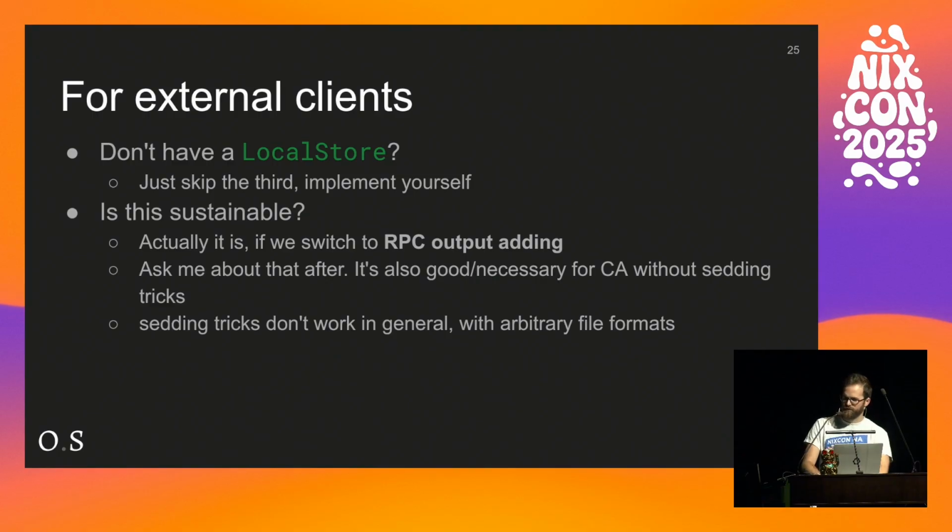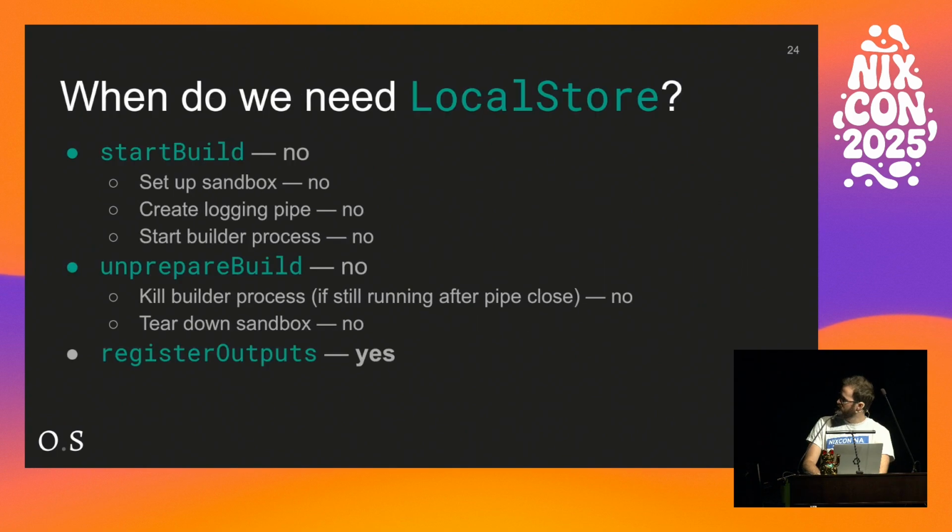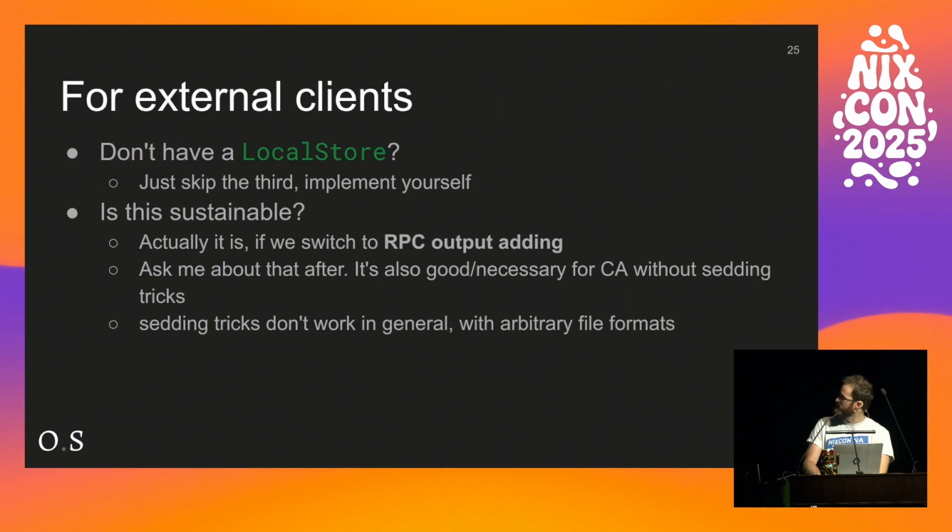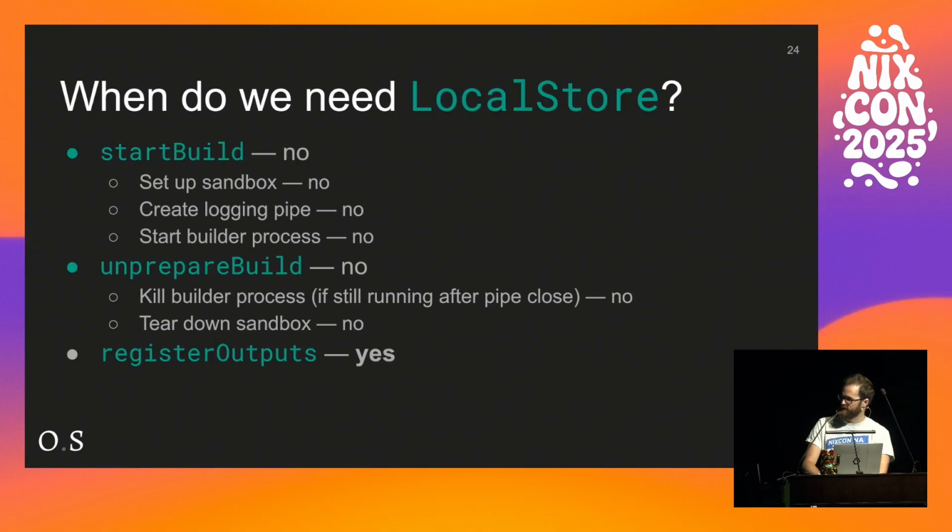And so for the external clients, again, the main motivation here, if you don't have the local store, you can just skip register outputs and do your own thing, exercise left to the reader or the implementer in this case, but you get to fully reuse the rest. So we're doing the best we can, and it's still a major improvement from the status quo.